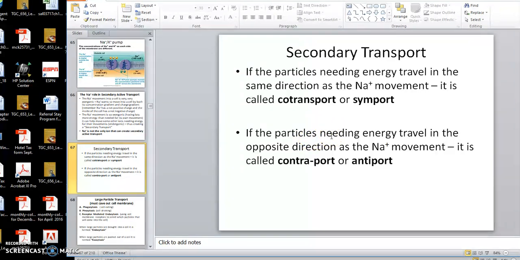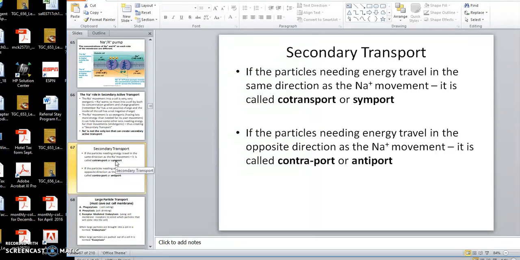Since the sodium would be going in one direction and the other material in another direction, we could call that contraport or antiport. Contraport or antiport, both meaning the same thing. So secondary transport is piggybacking on the efforts of primary transport, because every cell in the human body has sodium potassium pumps. I'd like for you to read on that in your textbook.